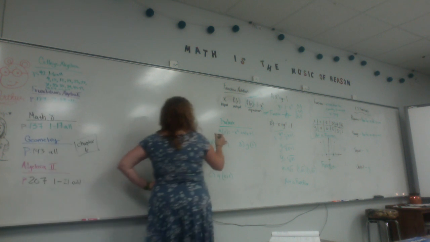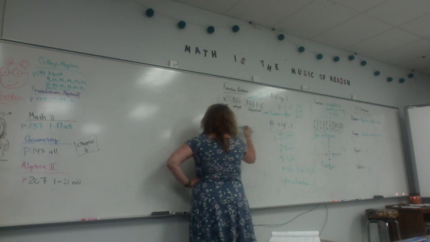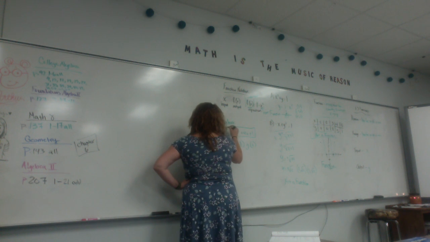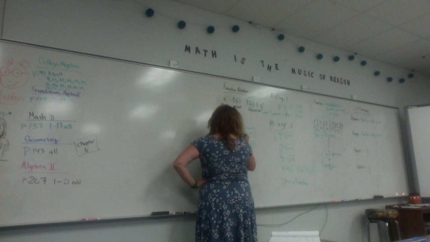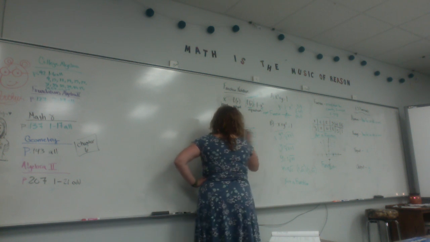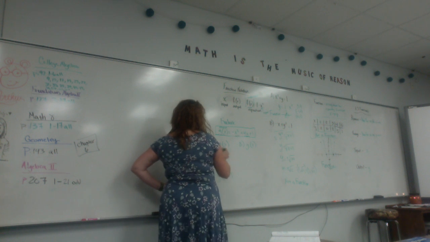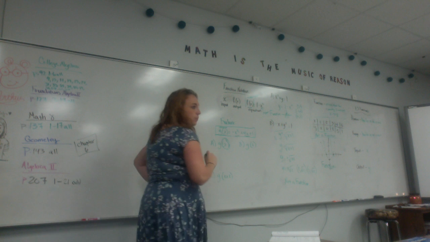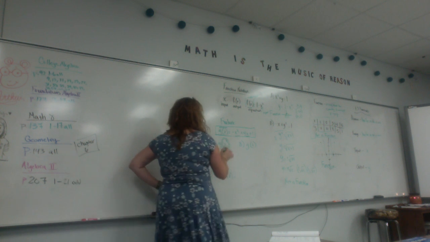Here's my equation, right? This right here is my output. My input is anywhere there's an x. Okay? And what am I inputting for that right now? On part A, I'm inputting a 2. Okay? 2 takes place of the x. So I'm going to plug this in.